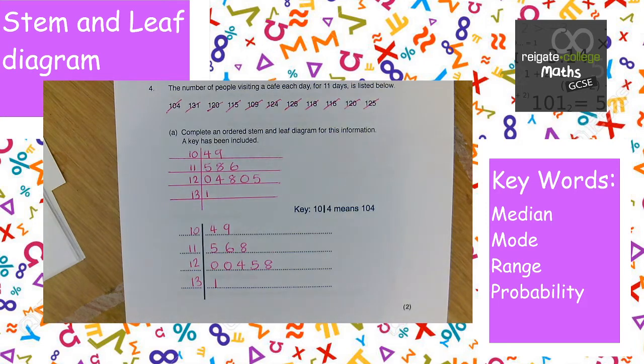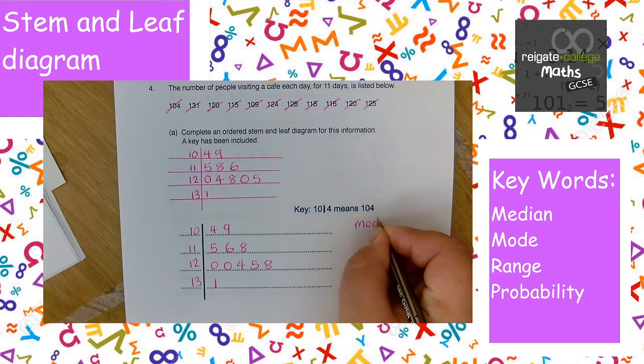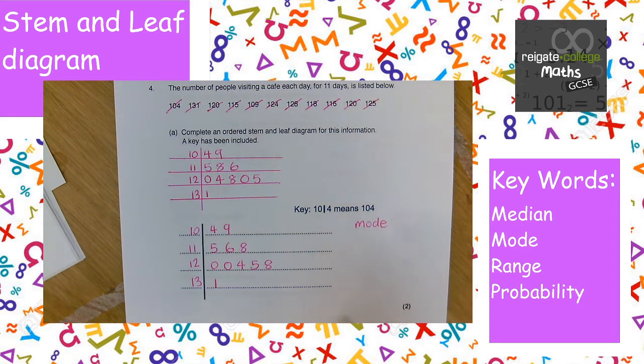From this data, I can now find out all of those averages that we did before. So first of all, the mode. Which number comes up the most? On this line I have 2 zeros. So representing 120, 120 is my mode.